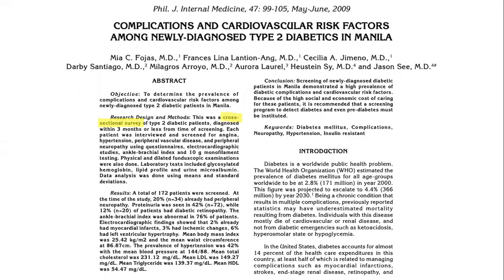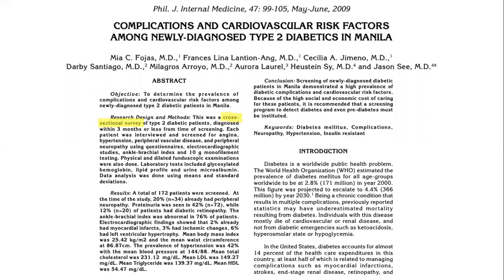Although it's just a descriptive study, it is a very commonly cited study whenever we're discussing diabetes in the Philippines, because from this study, we know that at diagnosis, patients with diabetes already have high rates of complications and cardiovascular risk factors.